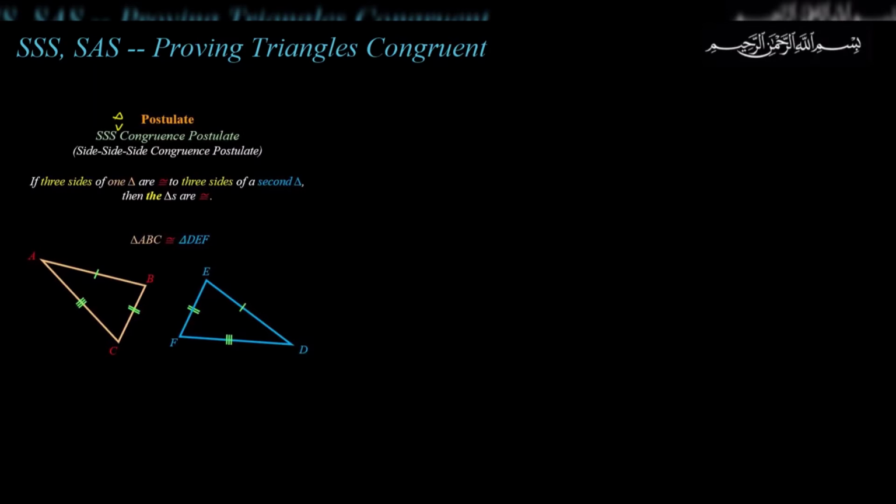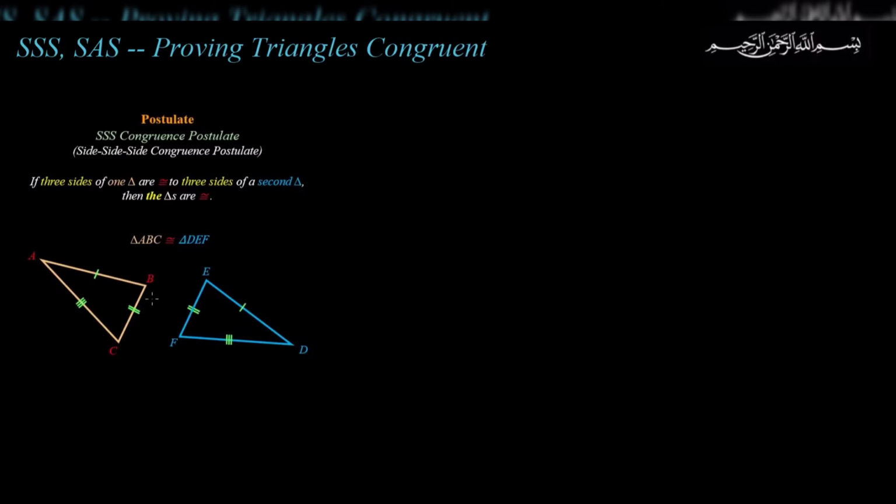After a while, we use this so much that we just say SSS. So the postulate states that if 3 sides of one triangle are congruent to 3 sides of a second triangle, then the triangles are congruent. In this case, we have triangle ABC and triangle DEF, and if these 3 sides are congruent, then the 2 triangles are going to be congruent.